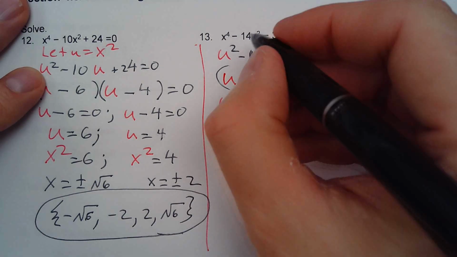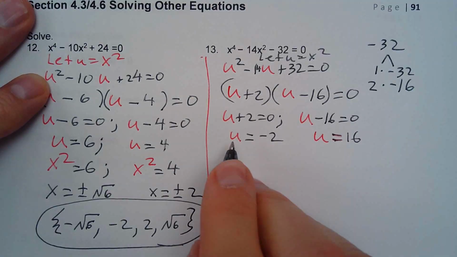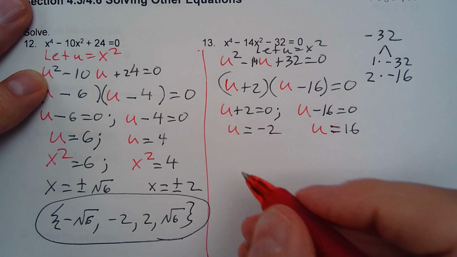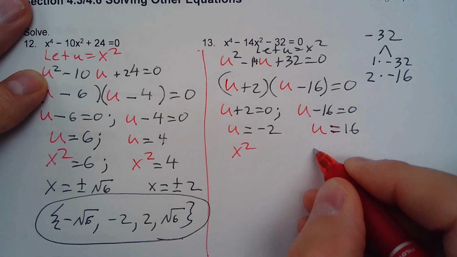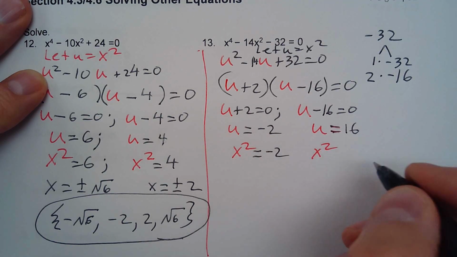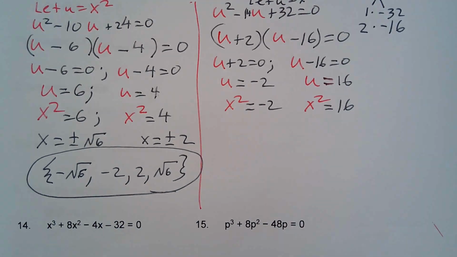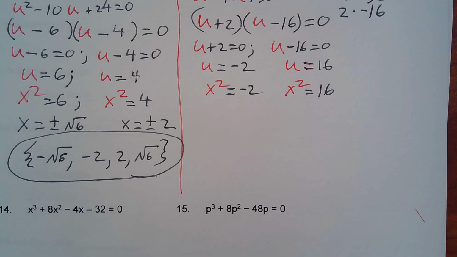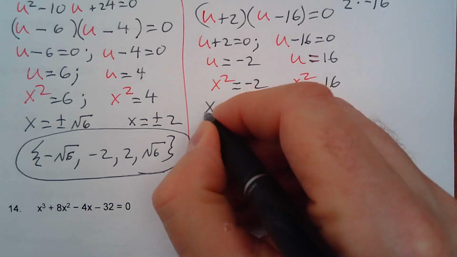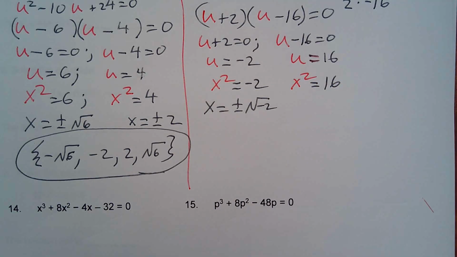But here, what we did is we let u be equal to x squared. So now I'm going to put my x squareds back in. Go ahead and use your square root property. This would be x equals plus or minus the square root of negative 2.